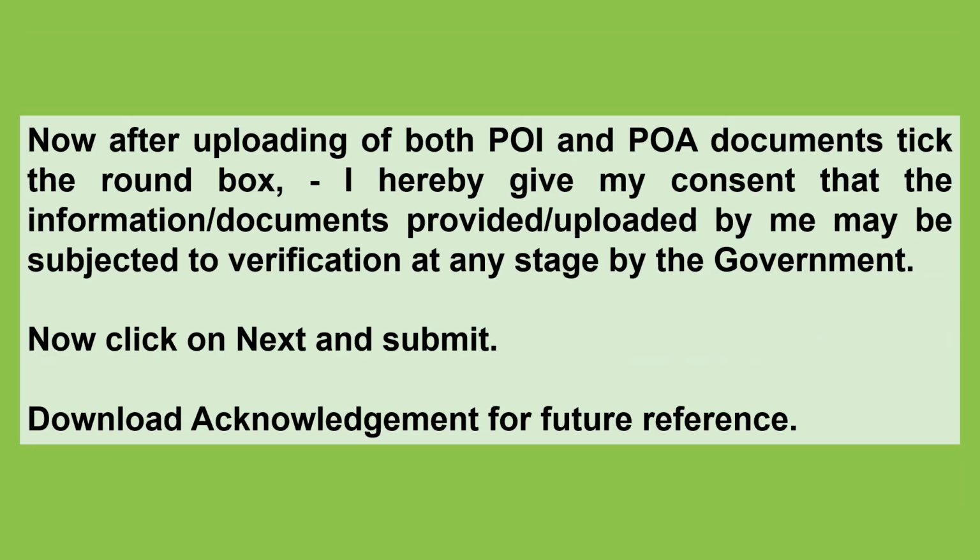Now after uploading both POI and POA documents, tick the round box that says I hereby give my consent that the information or documents provided or uploaded by me may be subjected to verification at any stage by the government. Now click on next and submit. Download acknowledgement for future reference.